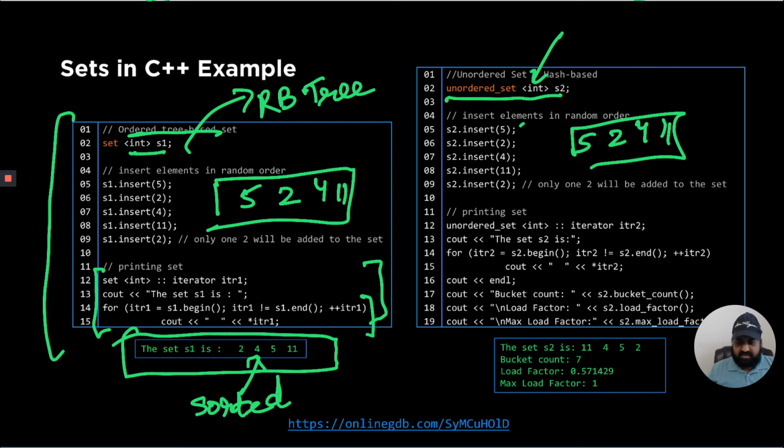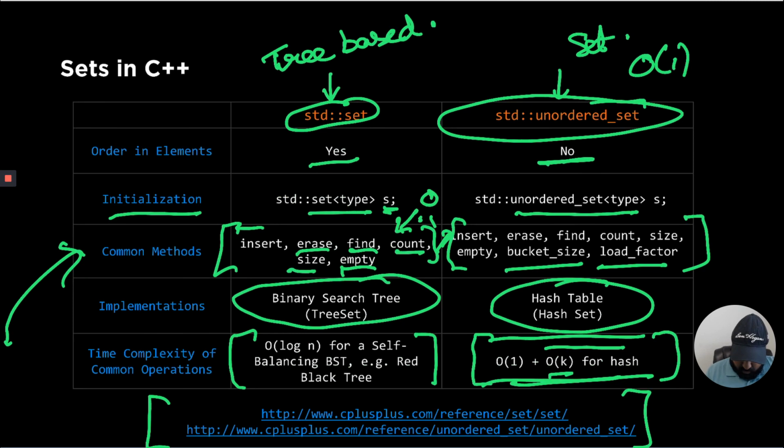It's the same convention for both the sets, but with different implementations, which is calling either a set or an unordered set. So you might think that if this is O(1) while this is O(log n), why would we ever need a tree based set compared to a hash table based set?